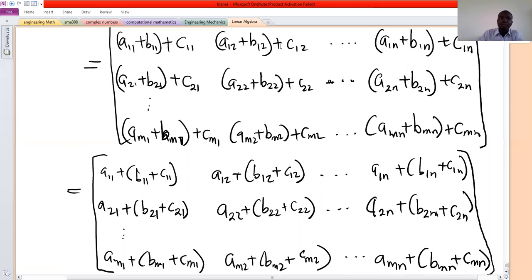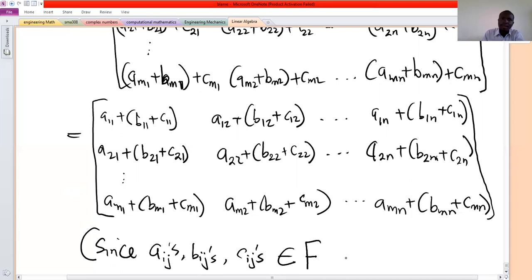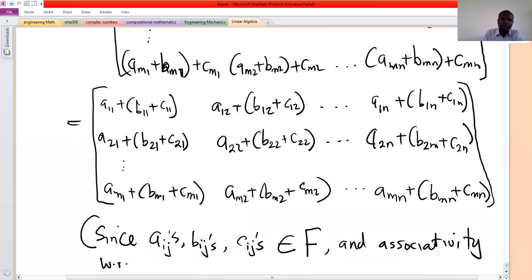So the reason why we are moving from the previous step to this step is because Aij, Bij, Cij are elements in F, and associativity with respect to addition holds in F. So that is what is making us change the location of the brackets.